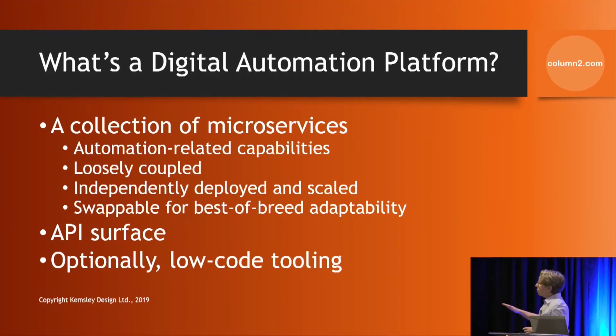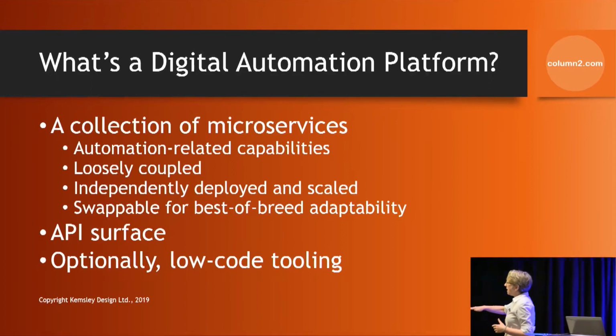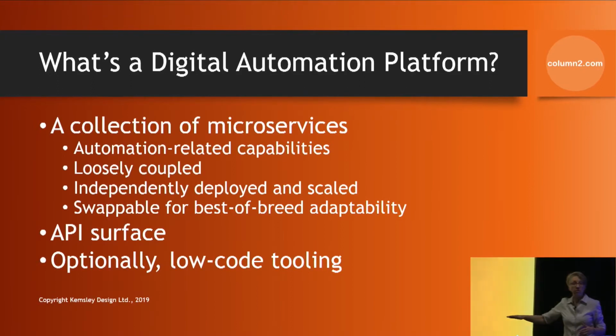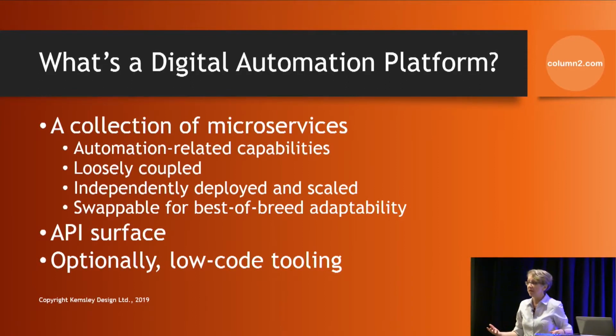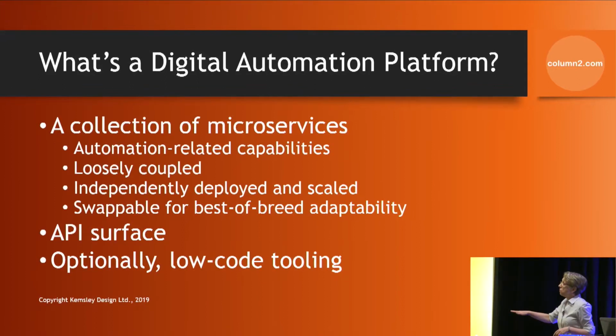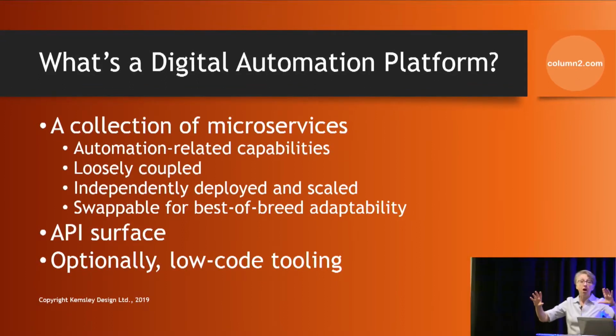Now, there will always be some kind of API surface in here. So this is for technical developers that are using some other development environment to be able to come in and consume these microservices, typically through RESTful APIs. But there might also be low-code tooling that sits on top of this.